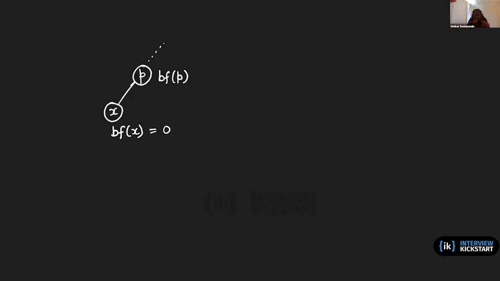So the balance factor of P either was 0, or, if it had a right child, its balance factor would have been -1. But if it was 0, after adding X, it would have become +1. And if it was -1, then after adding X, the new balance factor would have become 0.